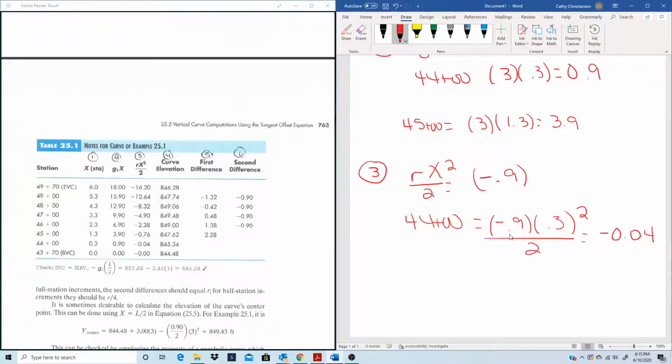I'm going to punch that in. Now typically if it gives me a number that worked out to be 0.0405.